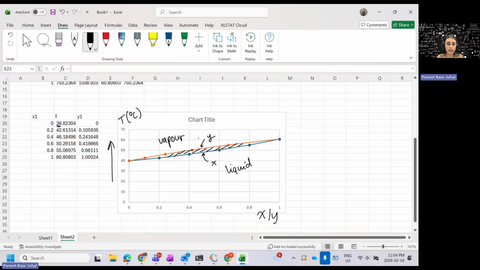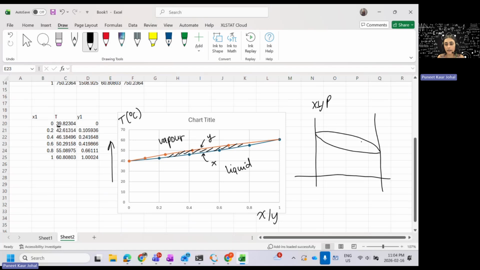However, if you had done a PXY diagram for the same thing, you would have expected a graph looking like this. So this, our bubble line, is actually going to be a linear line.